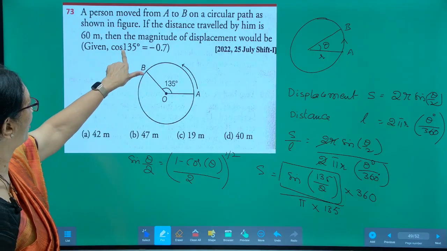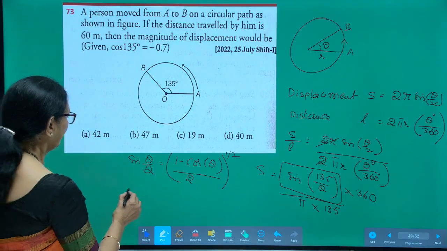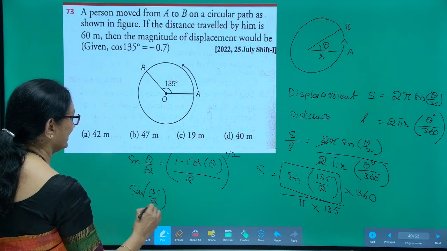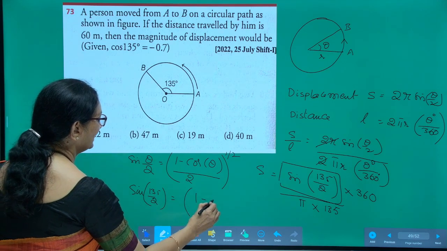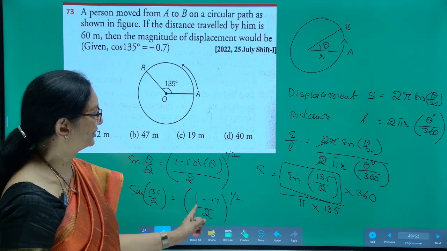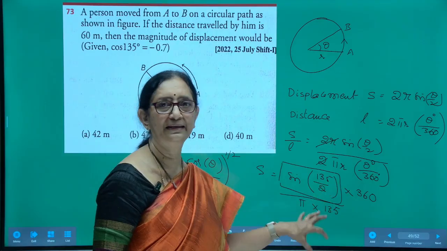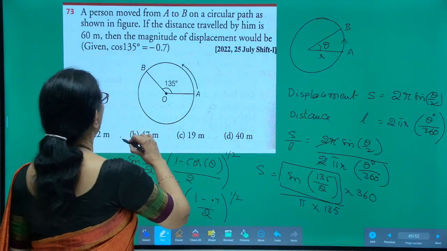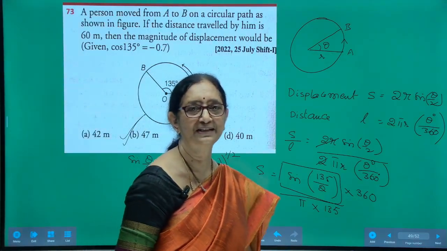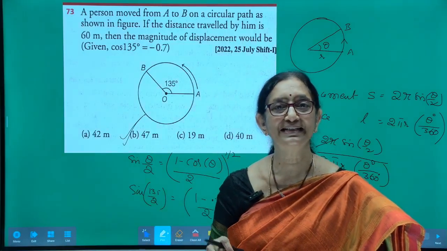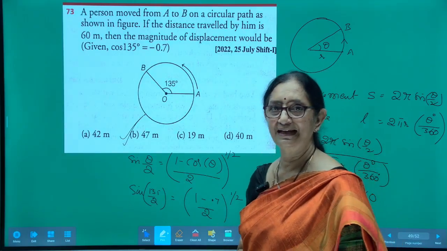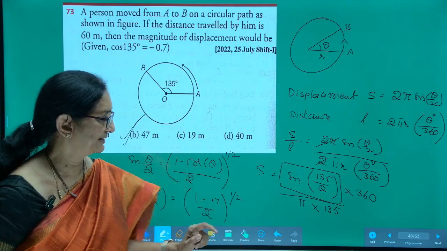Here cos 135 is given, from that sin 135 by 2 is equal to (1 minus 0.7) by 2 to the power of half. Substituting that value here, and on simplification, I did the calculation already, the magnitude of the displacement is coming to be 47 meters. But you have to definitely complete the calculation part at home after saying this.